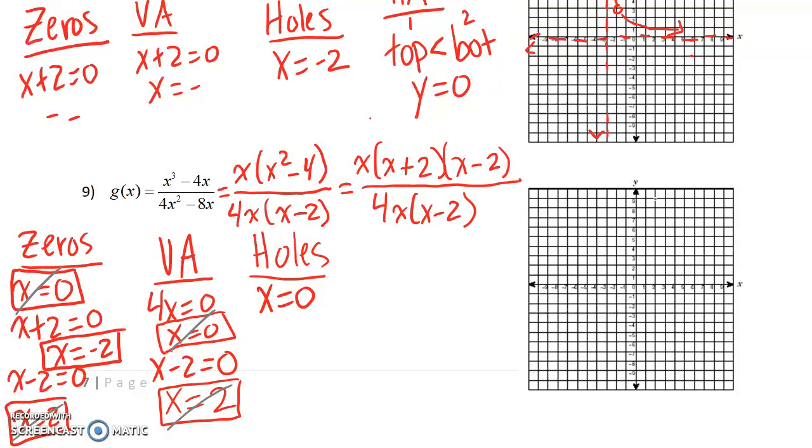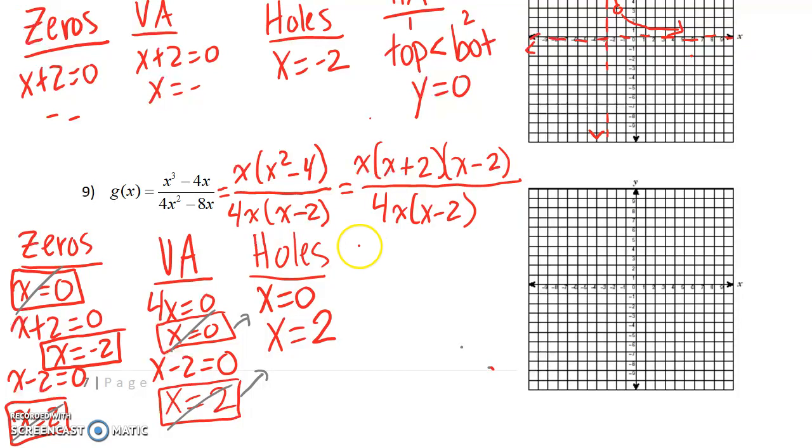Again, those contradict each other. So we have a second hole at x equals 2. Notice those both move over, so we're left with absolutely no vertical asymptotes here.